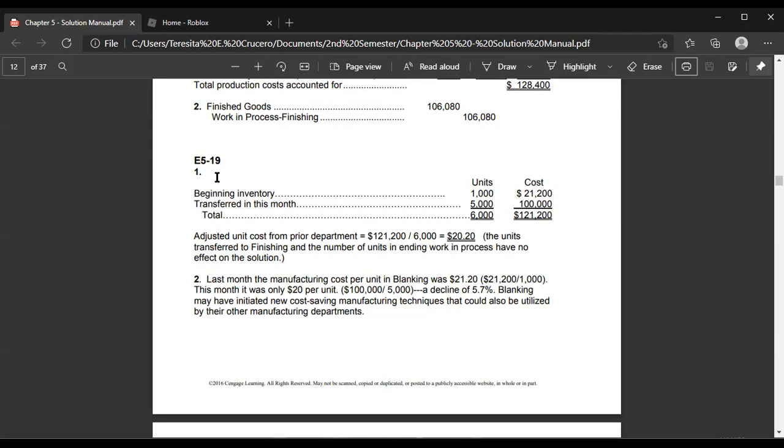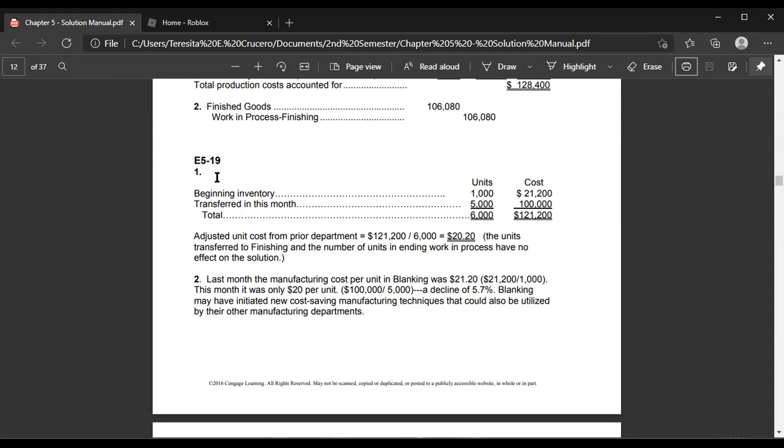This month, it was only 20, dividing 100,000 by 5,000, a decline of 5.7%. Blanking may have initiated new cost-saving manufacturing techniques that could also be utilized by their other manufacturing departments.